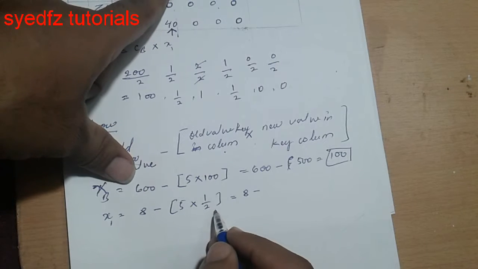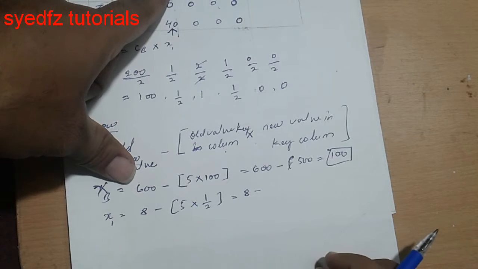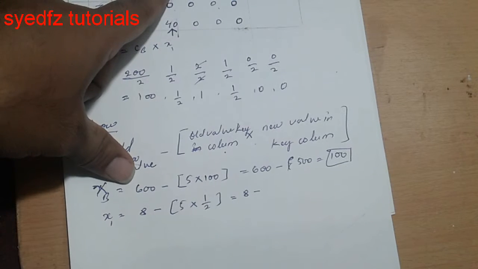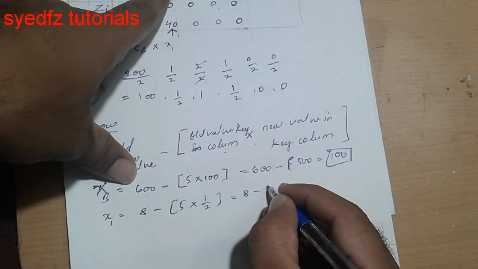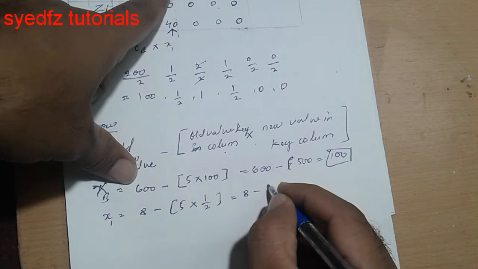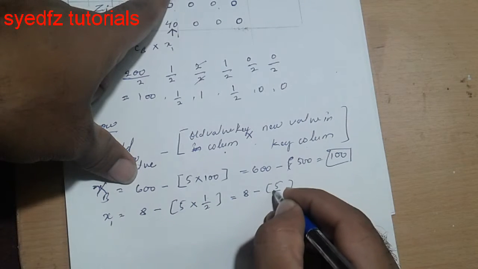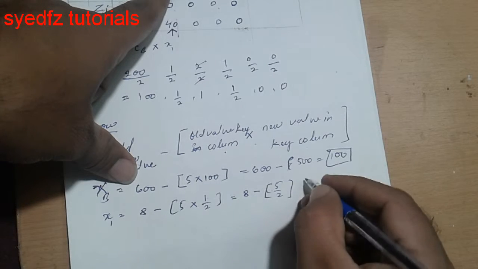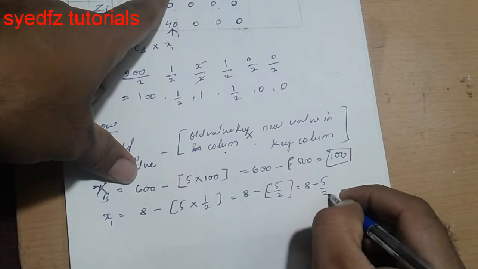Now how do you calculate this one? You have to multiply. How will you multiply? Take first 5 into 1, 5 divided by 2. Inside is a plus value, outside is a minus value, so minus into plus is minus, so 8 minus 5 divided by 2.